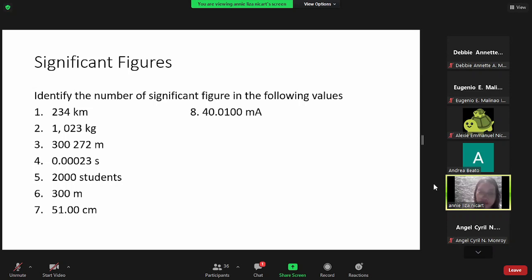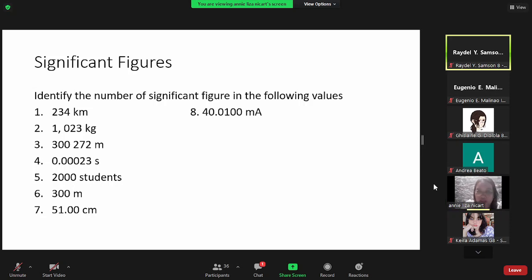So in number 7, how many significant figures? 4. Okay, there are 4 significant figures in number 7. Okay, so you've got significant figures. In identifying significant figures, again, all non-zero digits are significant.